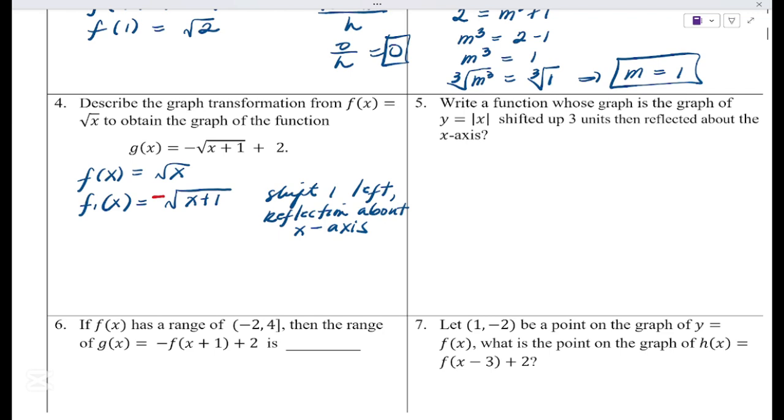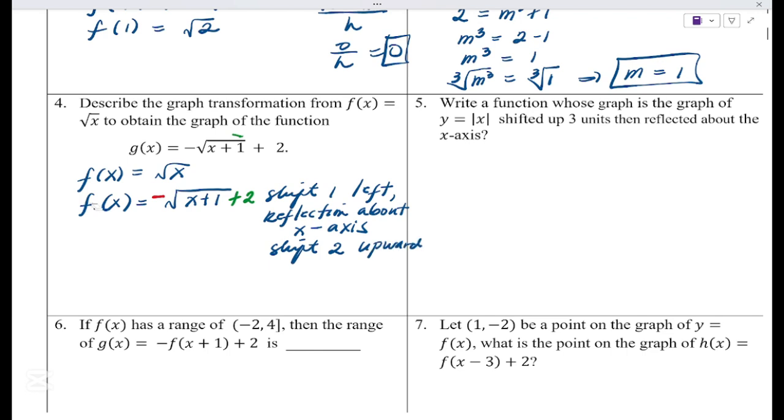And then after that, we can continue by adding 2. Since we already finished this first term with negative square root of x plus 1, now we can proceed with adding 2. If I add 2 here, then the next is shifting 2 units upward.